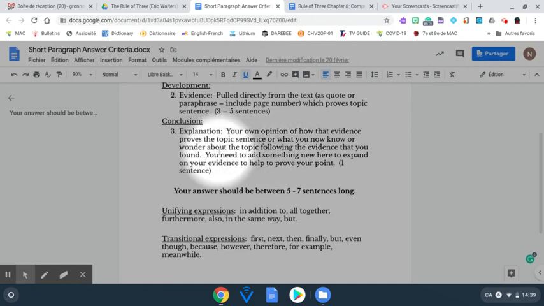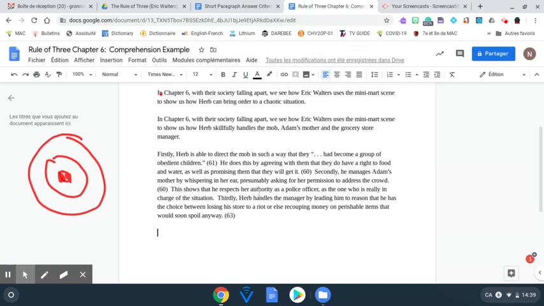So either something that we now know as a result of our development of the information provided, or something that we might wonder about that may happen in the future in the book, or how this information perhaps sheds light on something else that came up earlier in the book, or foreshadows something that may occur later in the book or may become useful. It can be a little bit tricky, but let's see what we can do here.